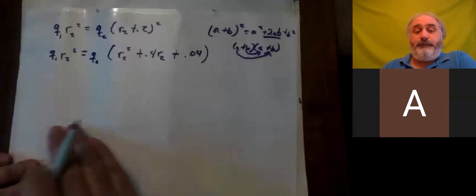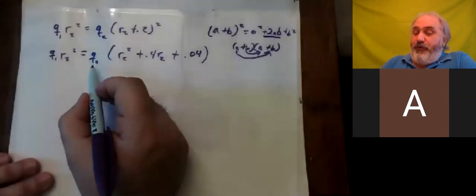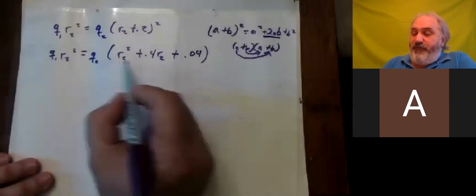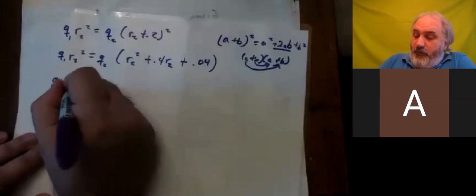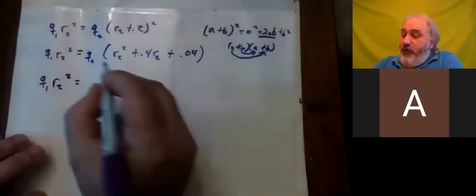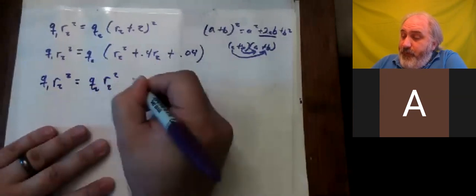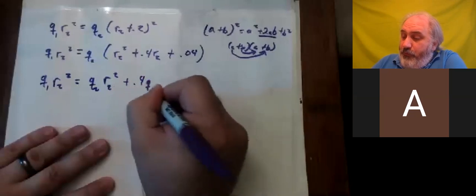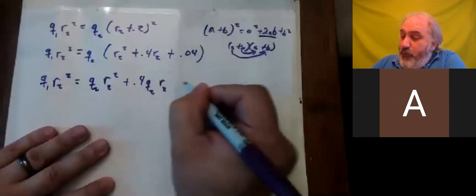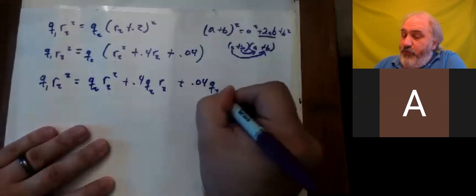R2 squared equals Q2, just a little bit of algebra, squared. And I can take Q2 and just distribute it through each of these. So now I've got Q1 R2 squared equals Q2 R2 squared plus 0.4 Q2 R2 plus 0.04 Q2.